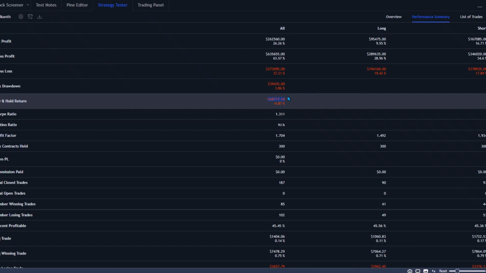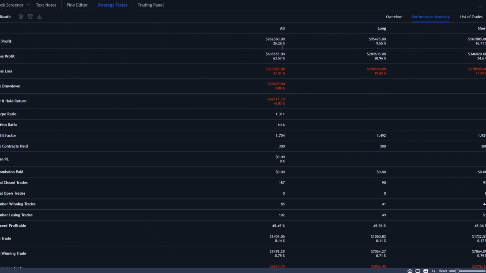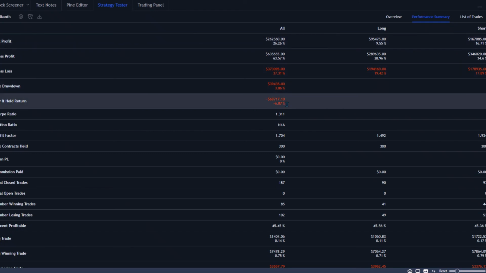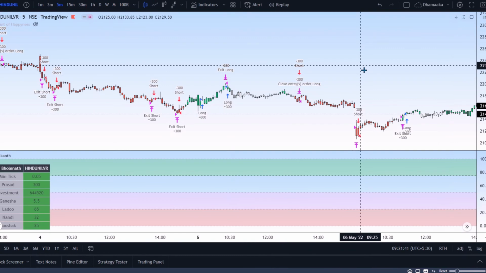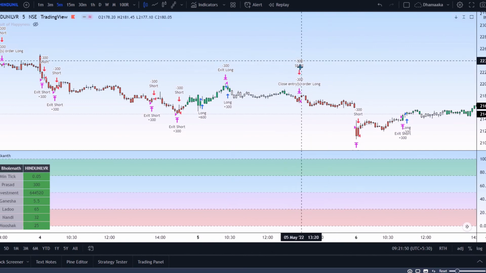So if you have stock in cash, you have one lot, you can always pledge it, and then you can trade futures, as futures give you some leverage. You don't need to actually give 4-5 lakhs to trade this on 300 quantity. You can trade a future with 1.5-2 lakhs. So that's the idea.